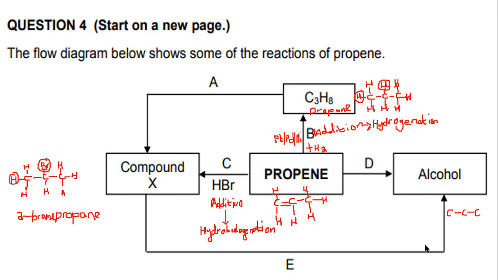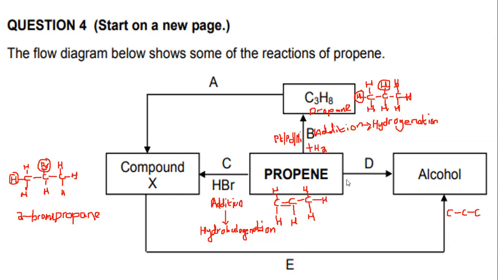It has 3 carbon atoms. Then I know that definitely for a propene to form an alcohol, the double bond is going to break, and hence I've shown you single bonds between carbon and carbon atoms. And if it is going to be an alcohol, it means I'm going to require a hydroxyl group.